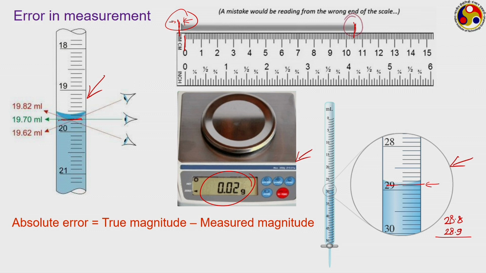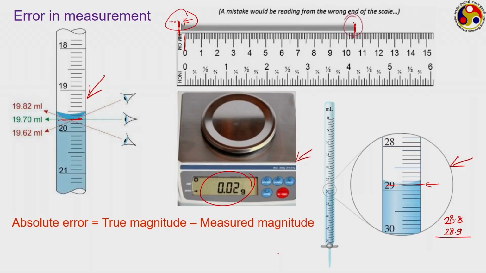So absolute error talks about the difference between the true magnitude and the measured magnitude. Suppose we are trying to measure, let us go back to this particular case again. Let us say the true value of the particular bar is L, and what we have measured is L bar.